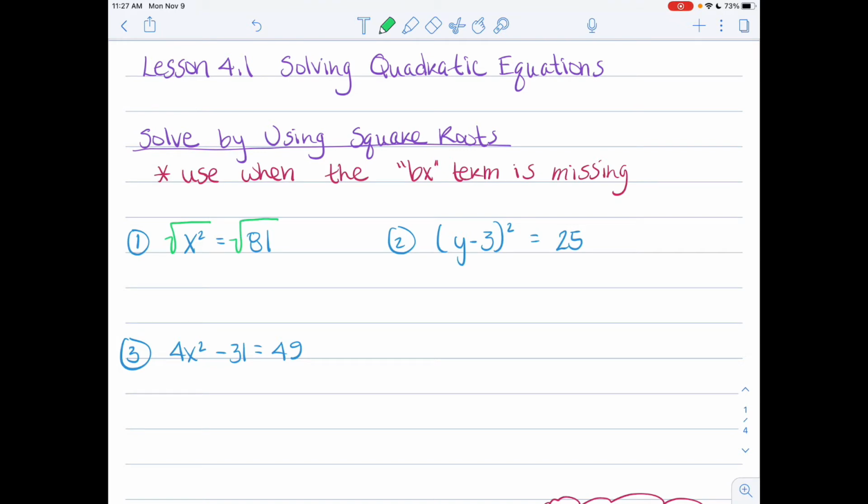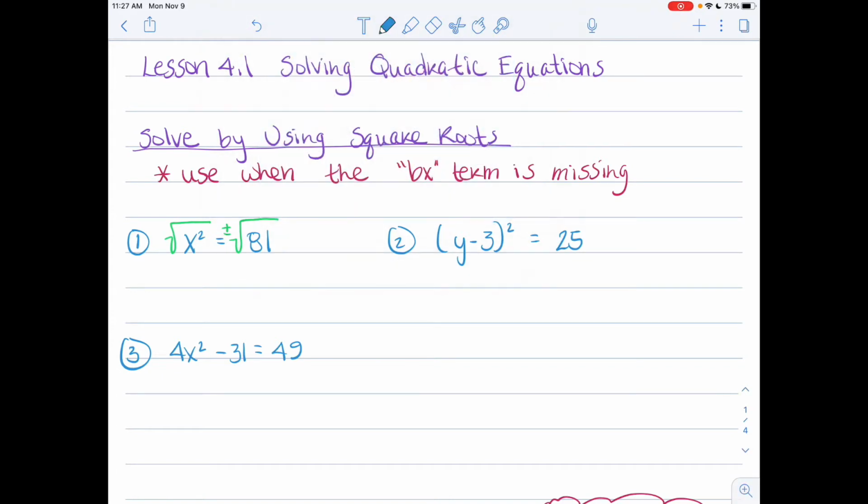So we're going to say square root of 81. We also have to realize that there's something a little special when we take the square root of something that is already squared. We don't know if that thing that is being squared was two positives multiplied together or two negatives multiplied together. And so we need to take into account both cases, a positive and a negative.